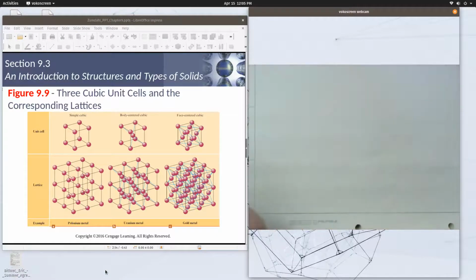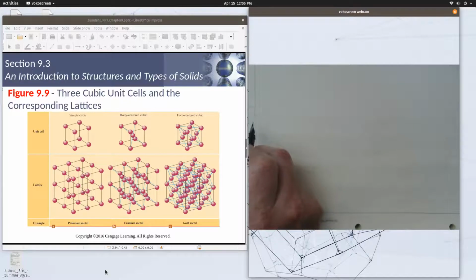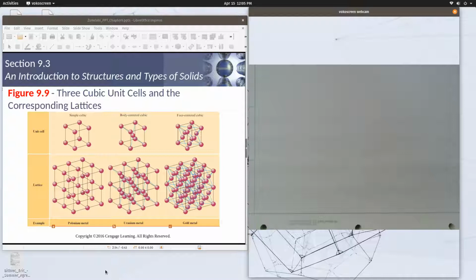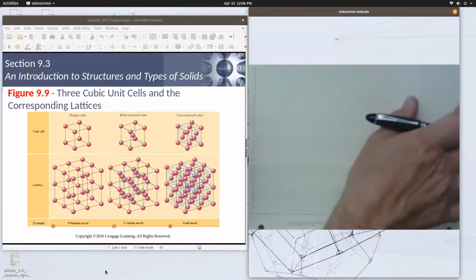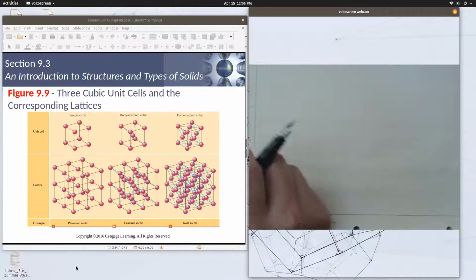We're getting close to the end of the term, and we're still talking about Chapter 9 in Zumdahl, and today's talk is going to discuss solids, the solid state, types of solids, introduction to structure, and the like.